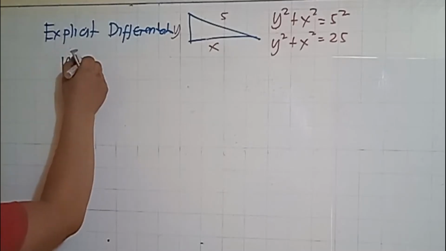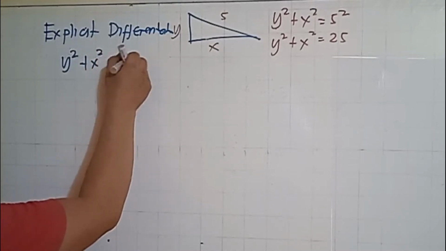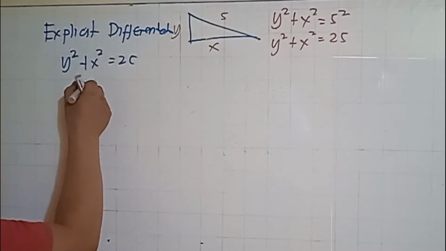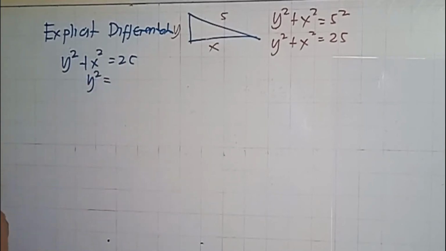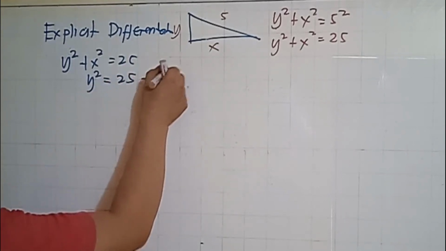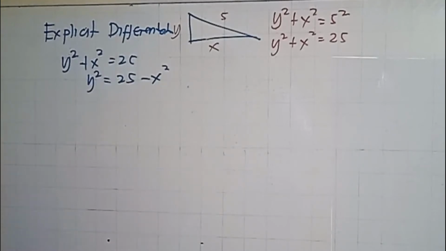Y squared plus x squared is equals to 25. So, minamanipulate natin yung given natin na to. Ang gagawin natin is isolate natin yung y o yung dependent variable sa kaliwa. And then yung x saka yung constant, ilalagay natin dun sa bandang kanan ng equation.